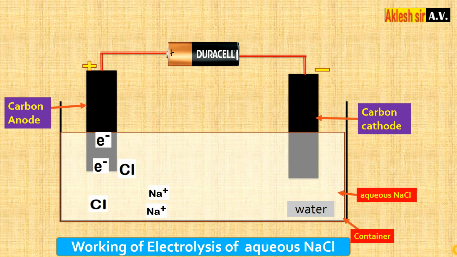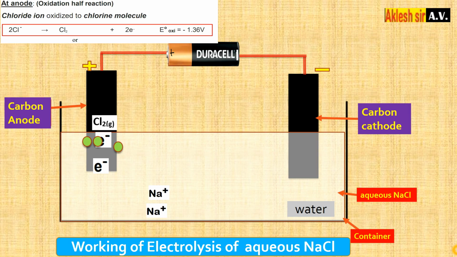Two Cl atoms then combine to form chlorine gas in the secondary process. So in the net reaction at the anode, 2 chloride ions convert into chlorine gas.